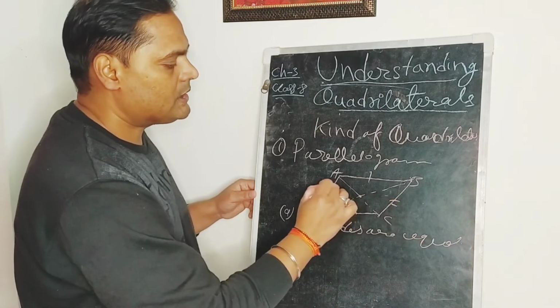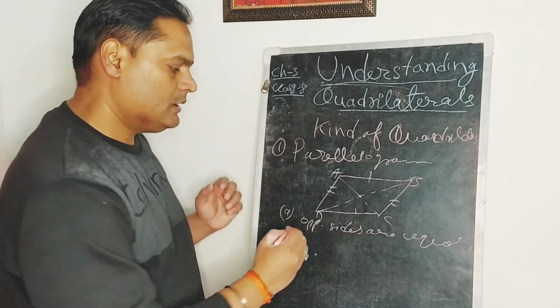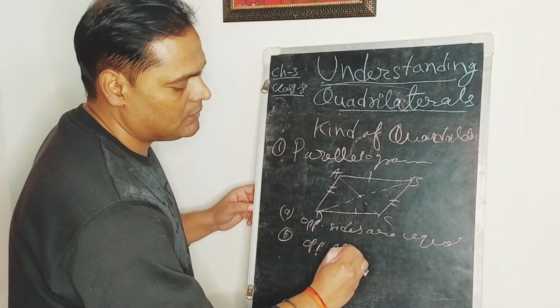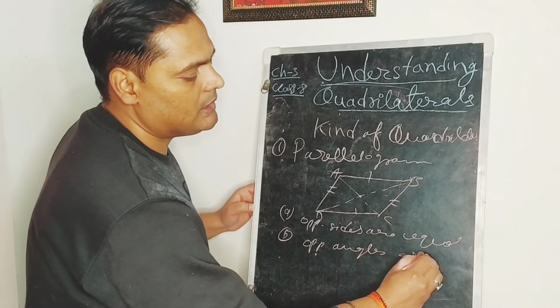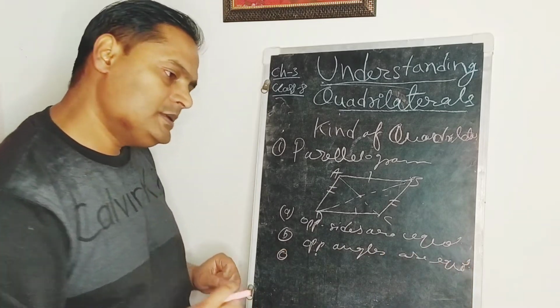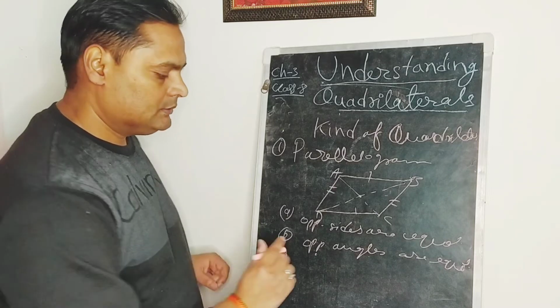The opposite sides are equal and the opposite angles are equal. The second one is opposite angles are equal. Okay, and the third property is diagonals bisect one another.